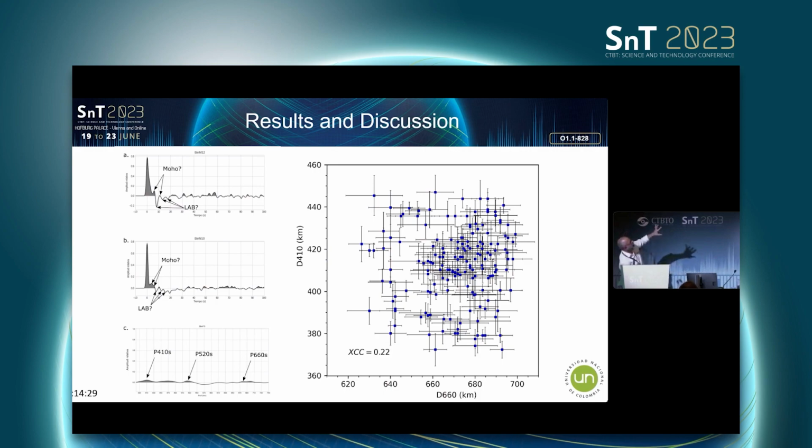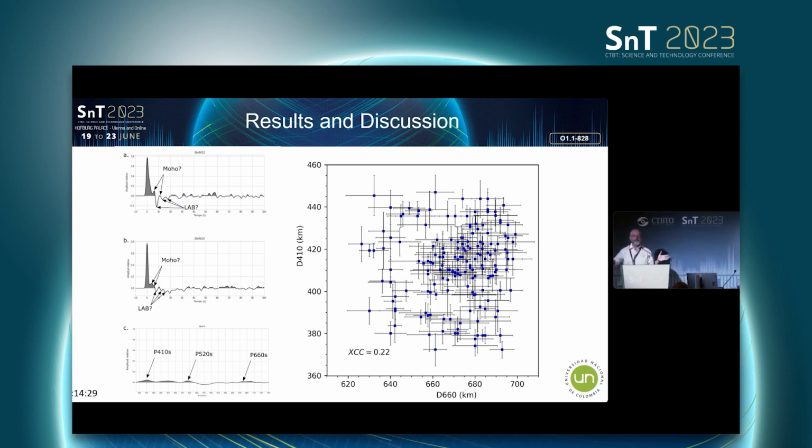Here you see on the left side again the typical receiver function seismograms. You see the spikes for both anomalies, and on the right side you see a comparison between both.